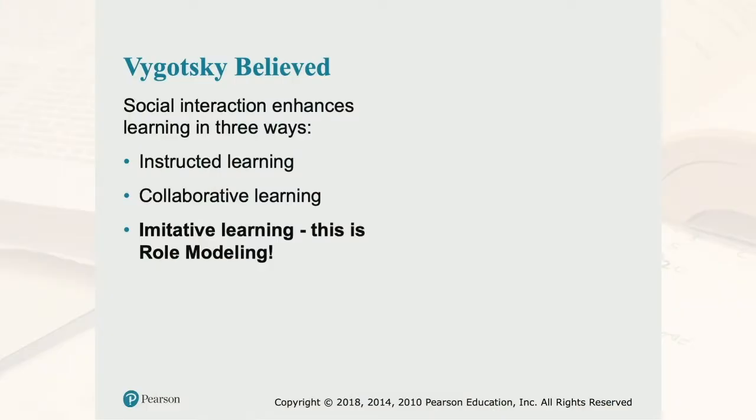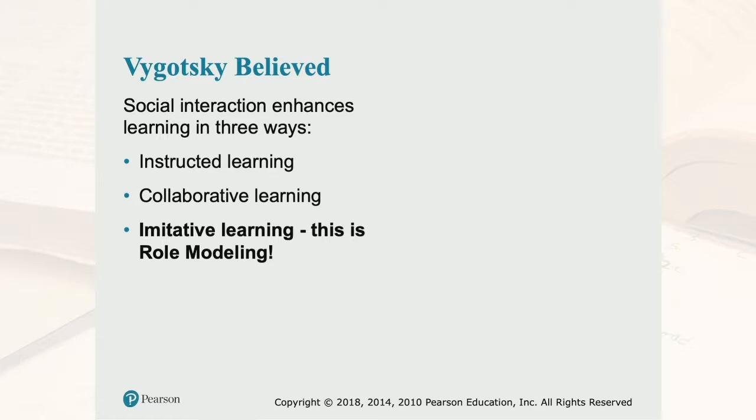So when we think about the theorists, we think a little bit about Vygotsky and his beliefs regarding social interactions for children. He believed that children learned by 3 different styles of social interactions.